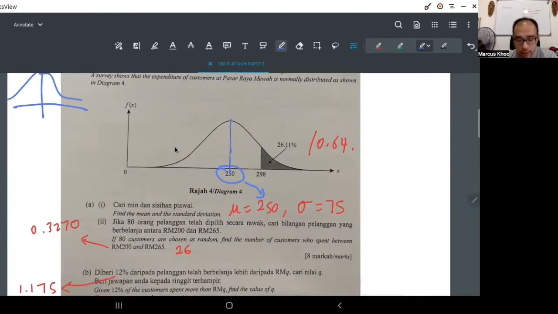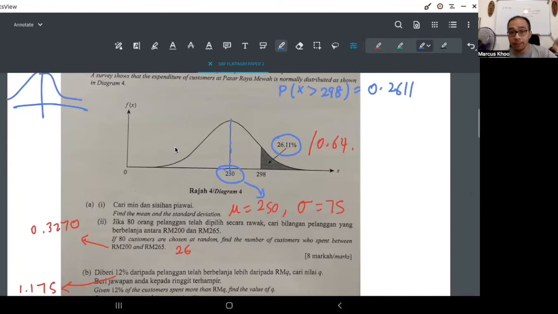If you know the mean, you can find the standard deviation, especially if you have the probability. They give you 26.11, meaning the probability of x more than 298 equals 0.2611, and you know that it is a positive value.